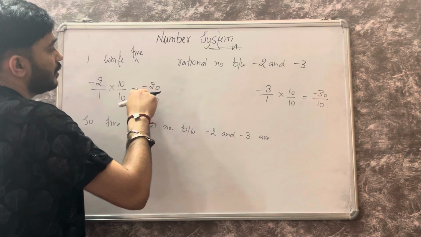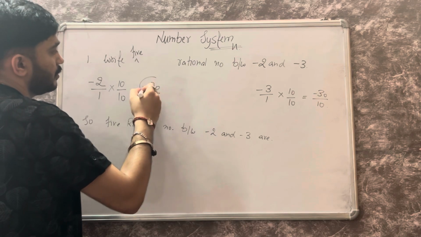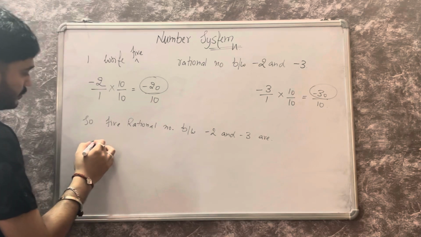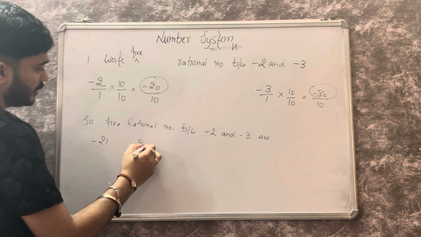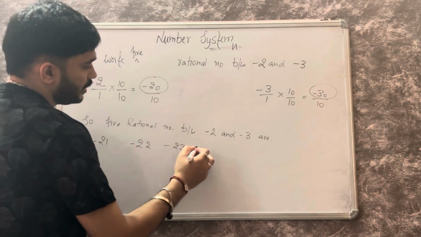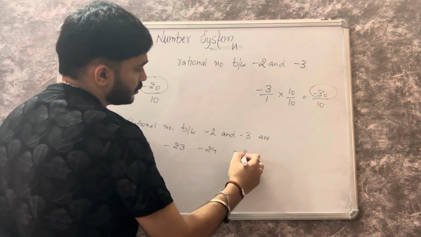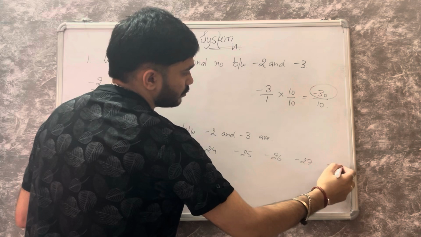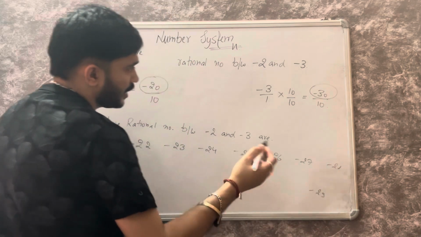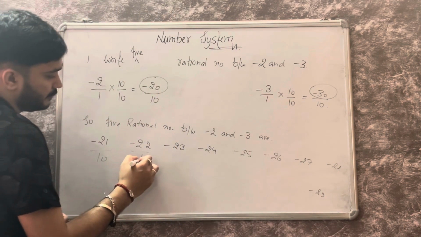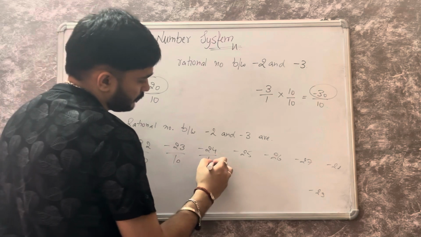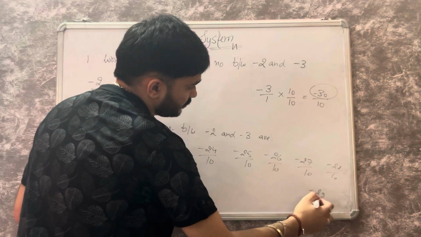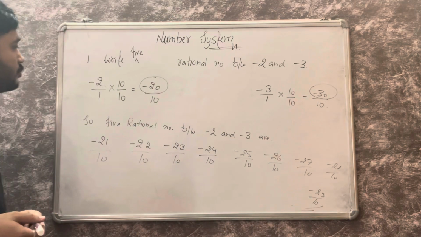Write the numbers between minus 20 to minus 30, that are minus 21, minus 22, minus 23, minus 24, minus 25, minus 26, minus 27, minus 28, and minus 29, and divide all those numbers by 10. This will be the answer of this question. Any doubt?